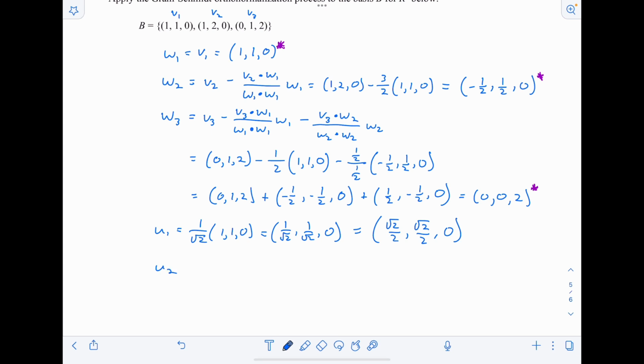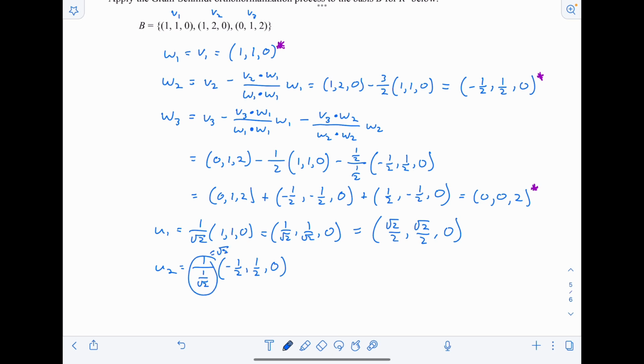U2 is going to be, let's see, we've got 1/4 plus 1/4 is 1/2. So we have 1 over root 2 times the vector negative 1/2, 1/2, 0. So this whole thing, if we simplify, is just the square root of 2.